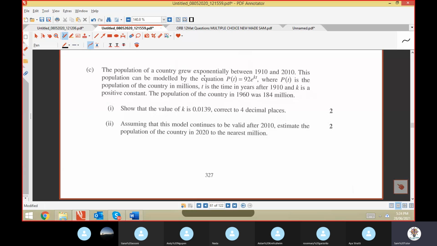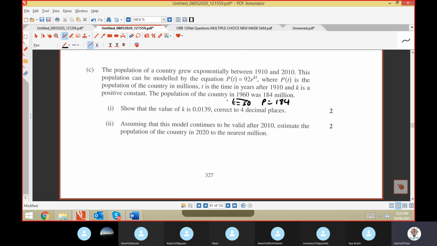The population of a country grew exponentially between 1910 and 2010. The population of the country in 1960 was, okay, obviously that's when t equals 50 years, P equals 184 million. Show the value of k is this.